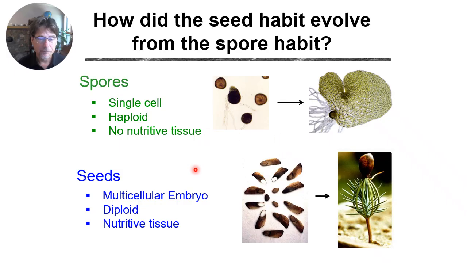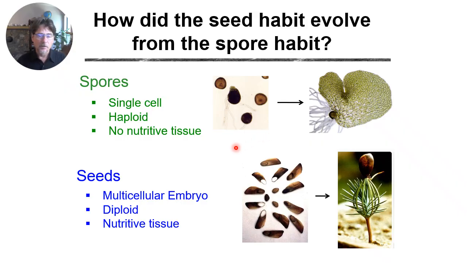So what we want to look at then, since the seedless plants were the first or earliest plants, there's no question that seeds had to have evolved from some group of seedless plants.